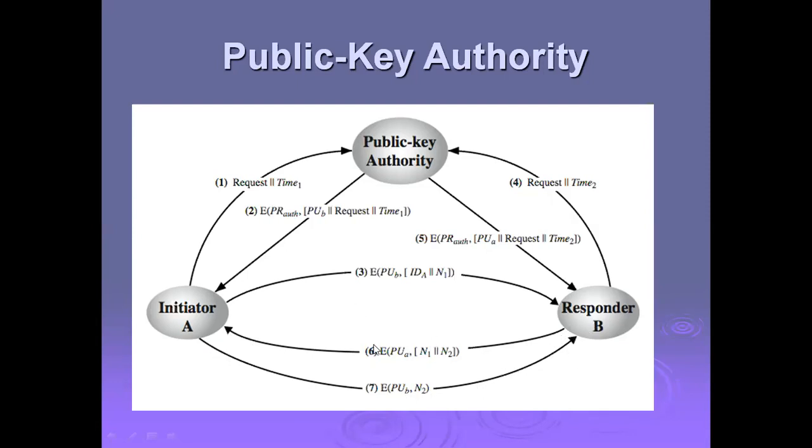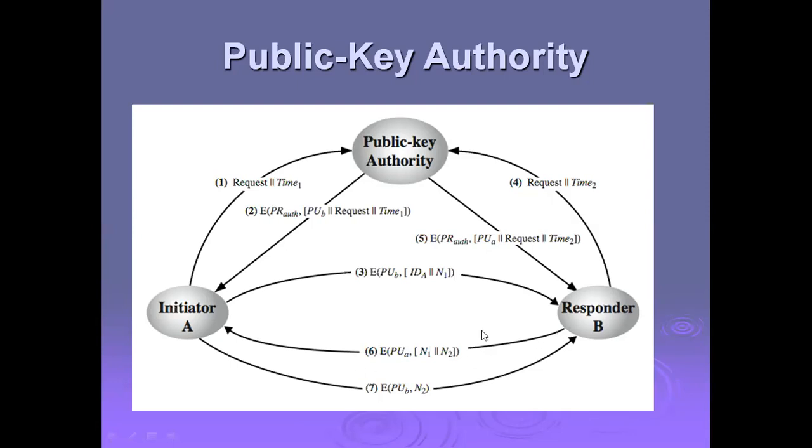So this is the series of steps: initially, both the initiator and responder request the public key authority. After getting approval from the public key authority with the help of encrypted keys, their transmission takes place, and they exchange data mutually.